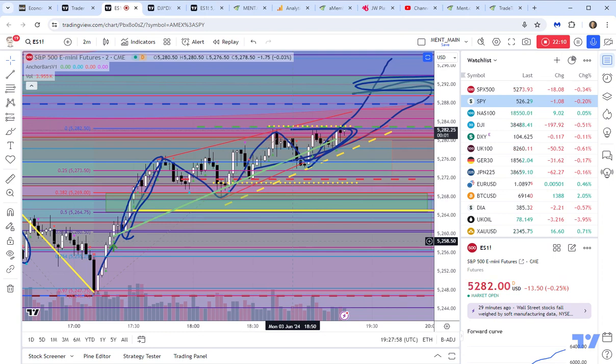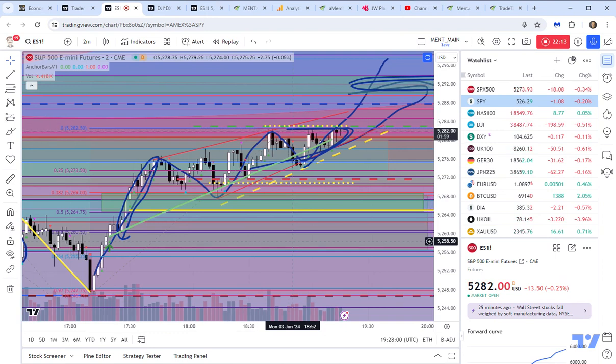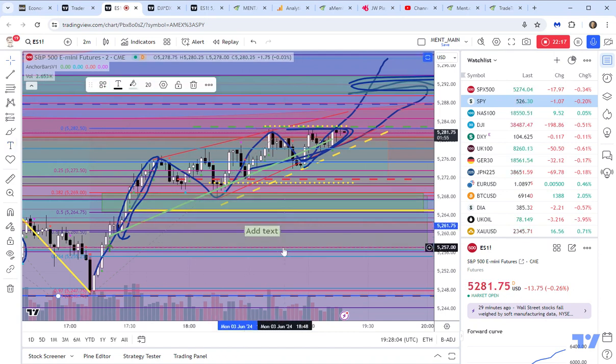But generally, the market moves from trending to flagging to trending to flagging to trending to flagging. So, I mean, it's only those two modes. Okay.